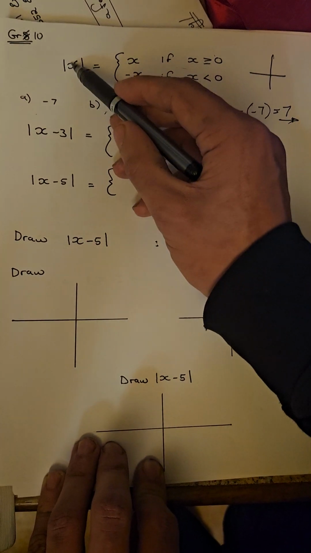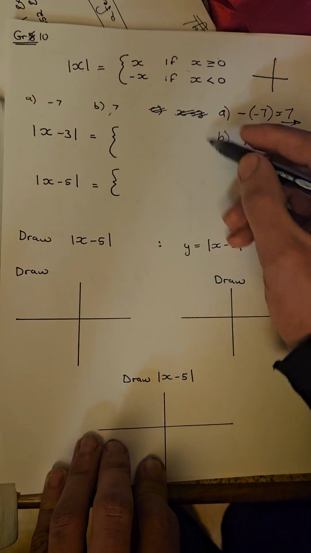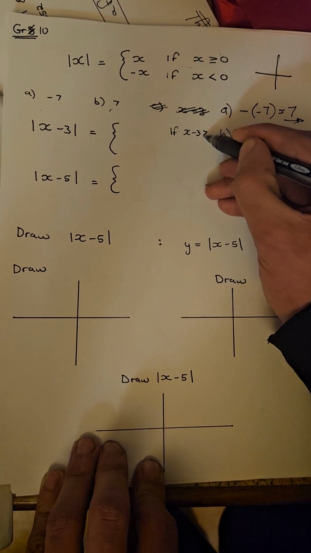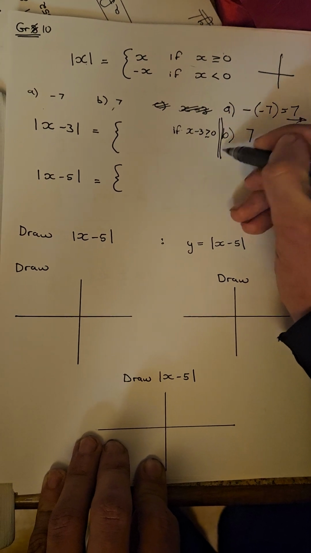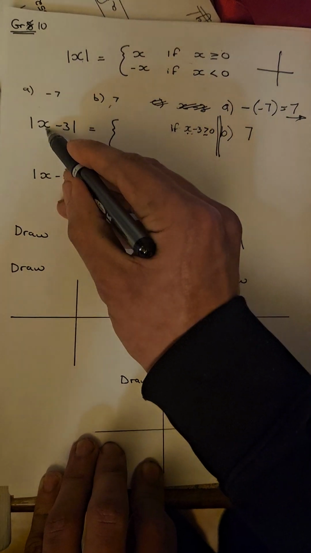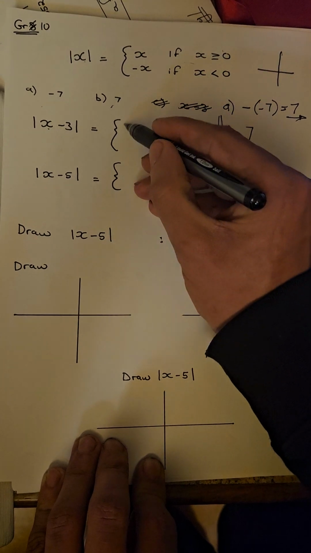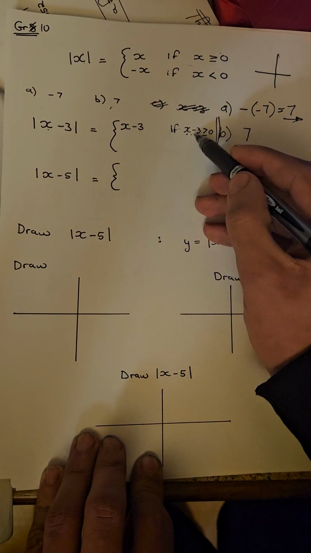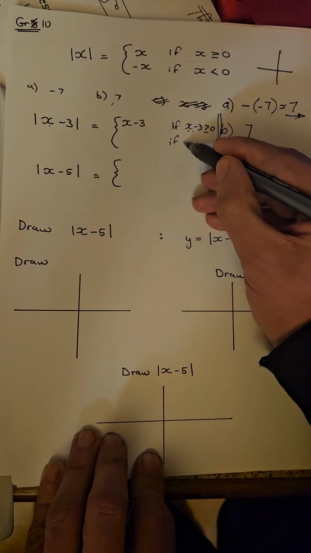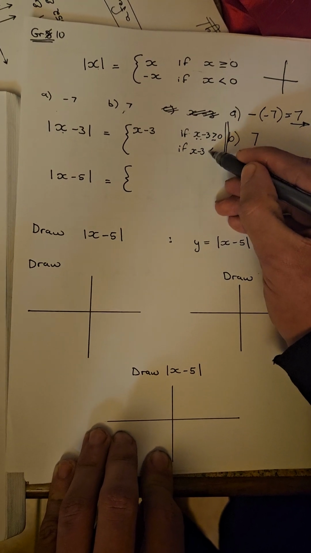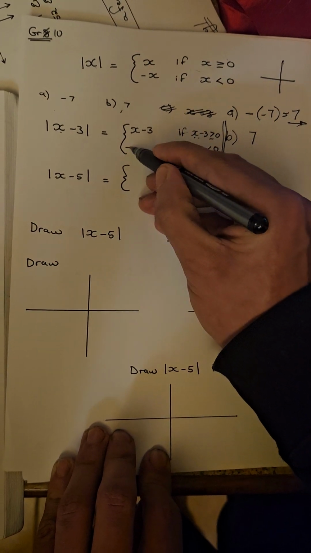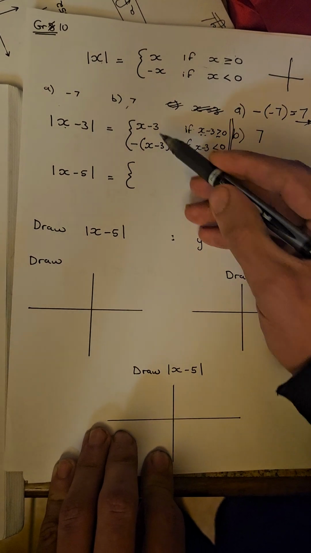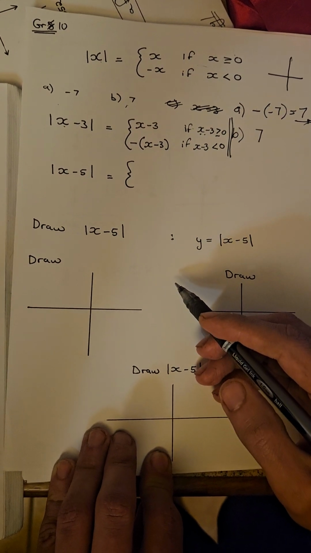If I apply this definition, if x minus 3 is greater or equal to 0, so this thing inside is greater or equal to 0, then my answer is just whatever's inside, because it's already positive. If what is inside, x minus 3, is negative, then my answer is going to be negative of what's inside.